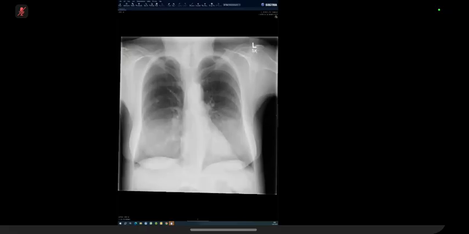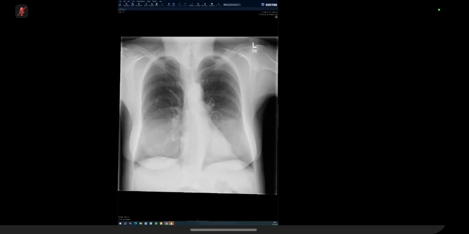Okay, so wait. I've ruined that one. You could already see it. Yeah, this one. Okay. So this is a frontal chest radiograph of an adult female. There is bilateral lower zone, well-defined opacification.